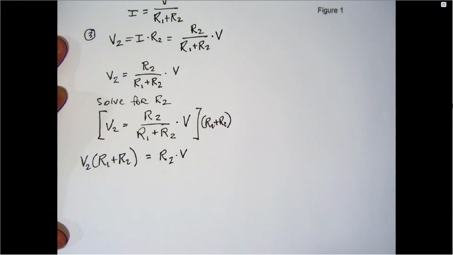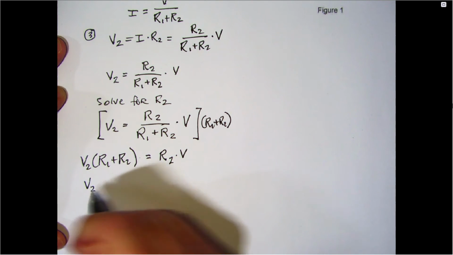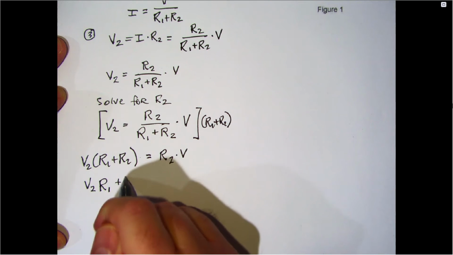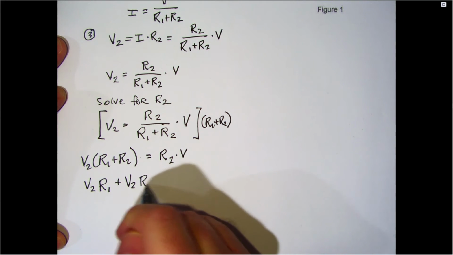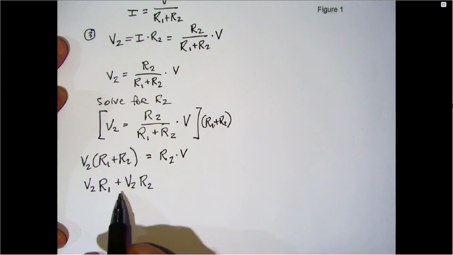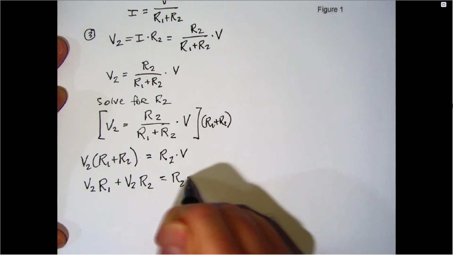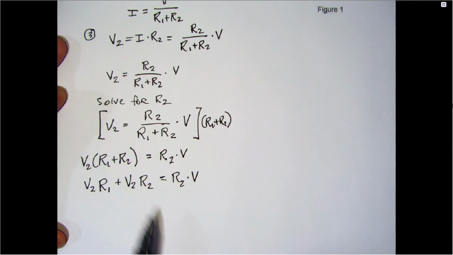Let's multiply through using the distributive property here. V2 times R1 plus V2 times R2 is equal to R2 times V. Alright, we're getting closer. Let's collect the R2s.